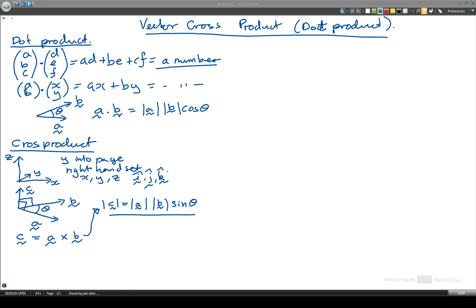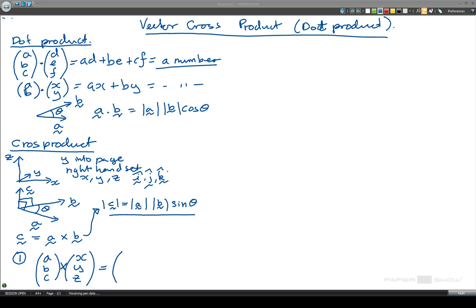Okay, so the first method. Now what I'm going to do is write these down as A, B and C for one vector, and X, Y and Z for the other vector. And we're working on the cross product.